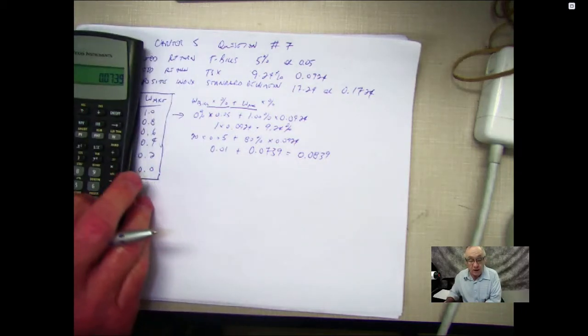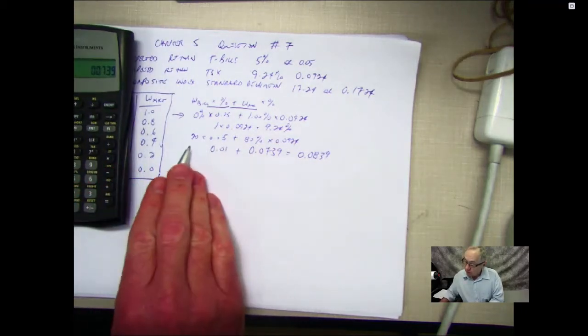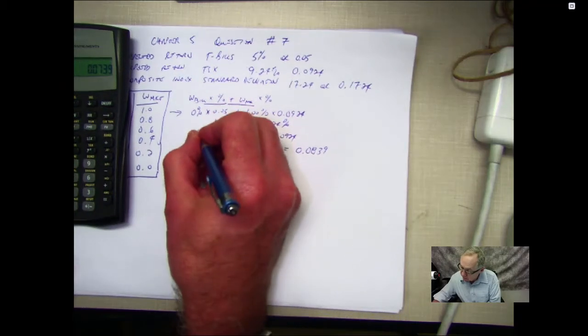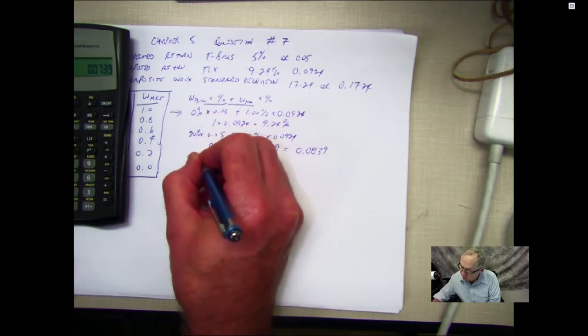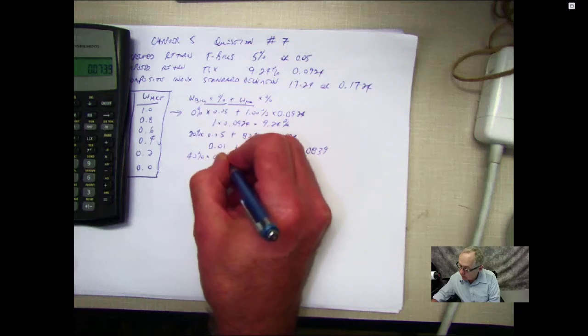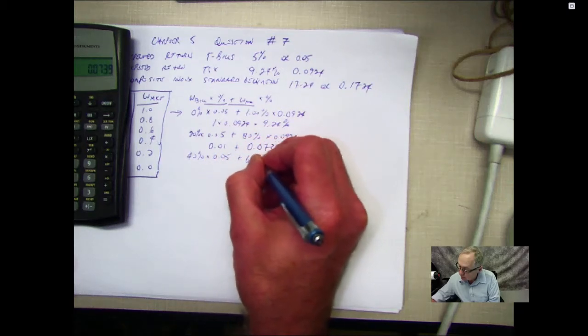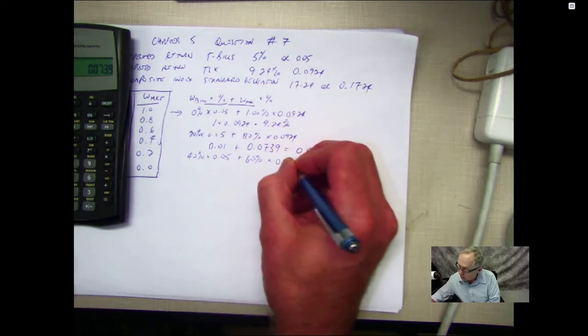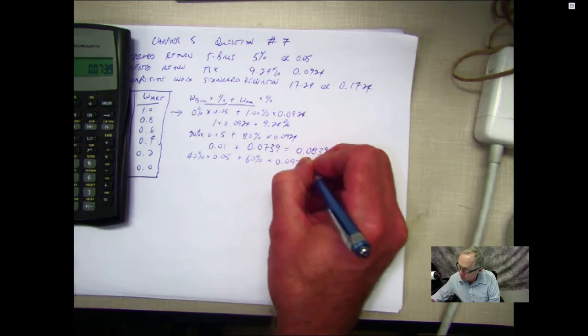So we continue on in that methodology. The next one is 40% times 0.05 plus 60% times 0.0924.